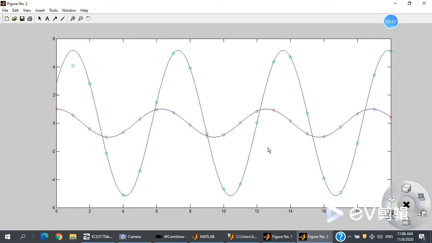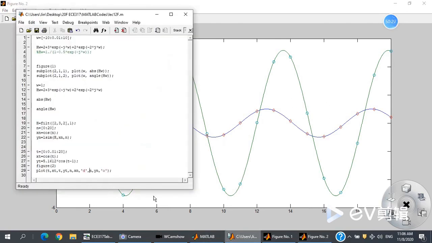If you're interested, you can try this. You just change a little bit in this program, and you can see what happens in that system. I will post this program on Blackboard, so you can download it, make some changes, and run it for a different system.